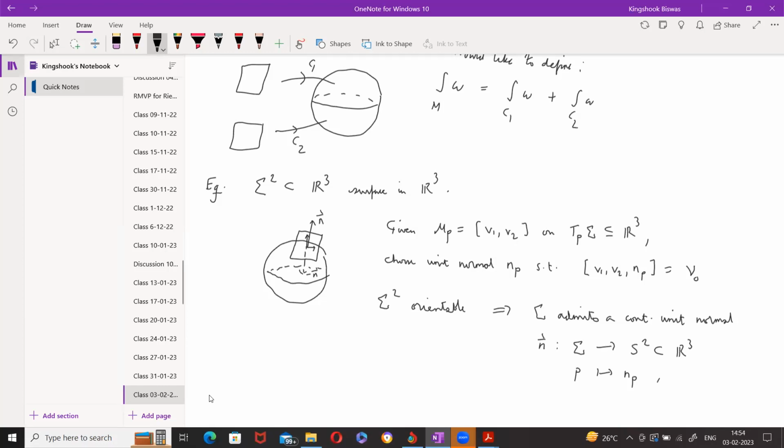Where NP is such that NP is orthogonal to TP sigma and V1, V2, NP is equal to nu naught if mu p is equal to v1, v2.